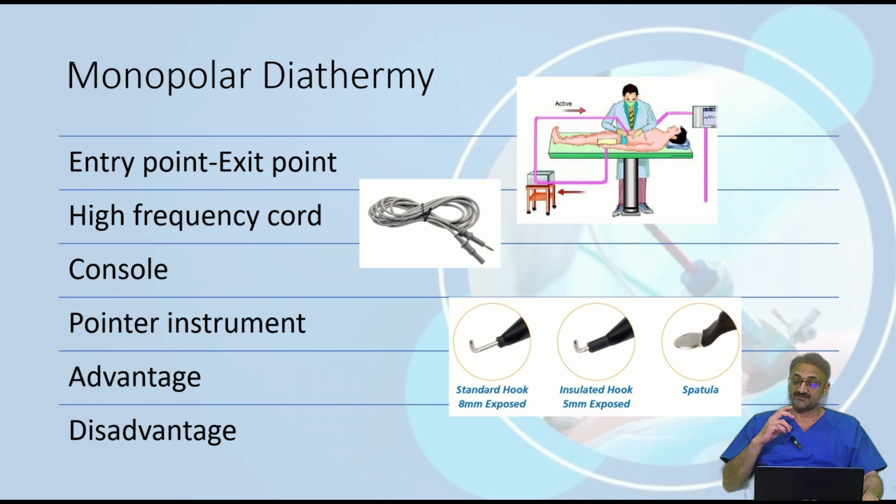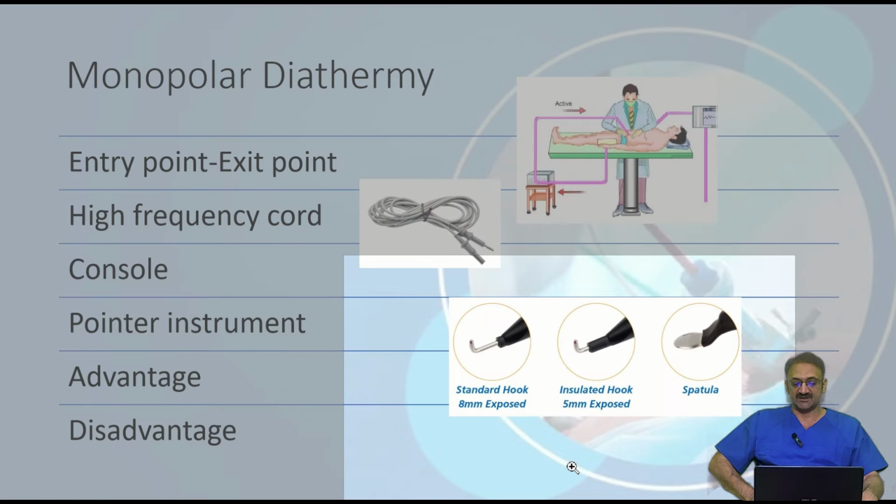If that cord is not of good quality, or is of low frequency, then you can see that the patient postoperatively feels really exhausted, with generalized body aches and pains. Then you can know that, of course, this monopolar diathermy may have a low frequency or a poor quality cord.